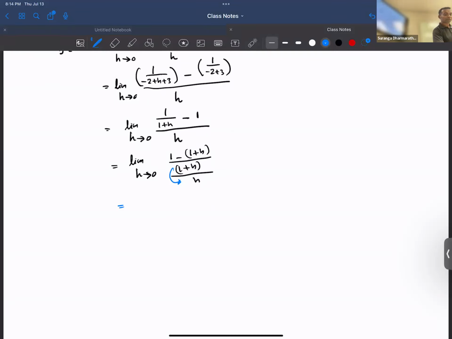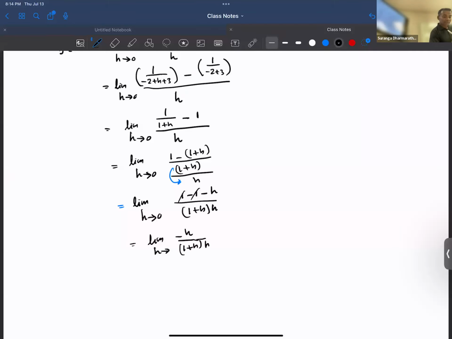You can write limit h goes to 0, 1 plus h, 1 minus 1 minus h. This cancels to that, and you get what? Limit h goes to 0, negative h divided by 1 plus h times h, right? There's an h here. I forgot that one. There's an h here. Right?